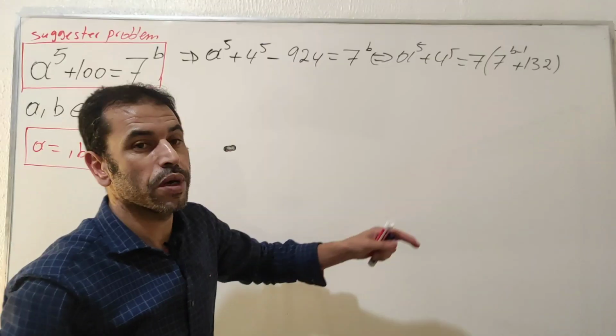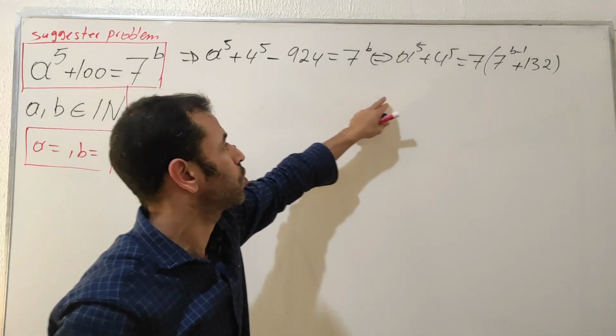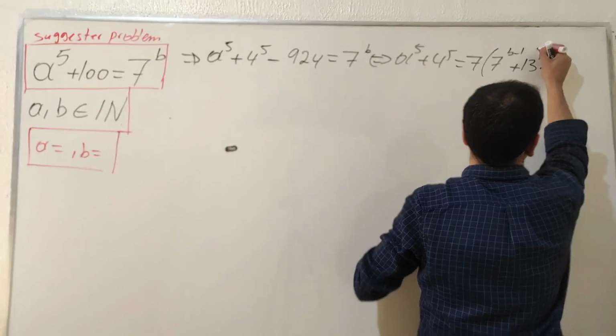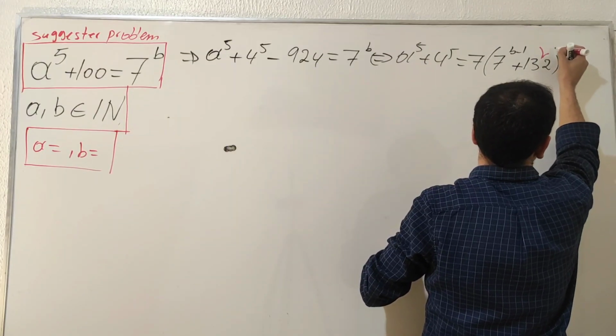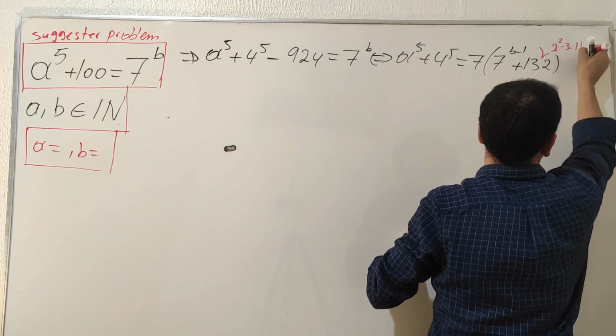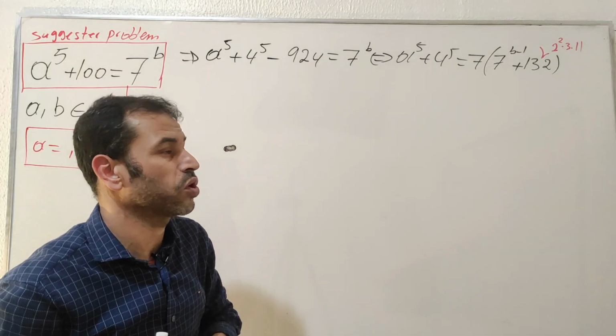Because 7 multiplied by 132 gives us 924 after moving over this term to the right. Then also keep in mind here, this 132 is the same as 2 squared multiplied by 3 multiplied by 11, which means it's going to be factorized in prime factorization form.